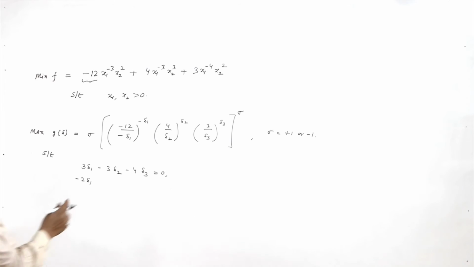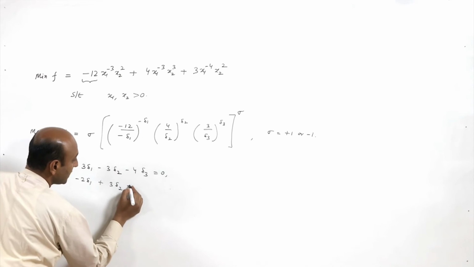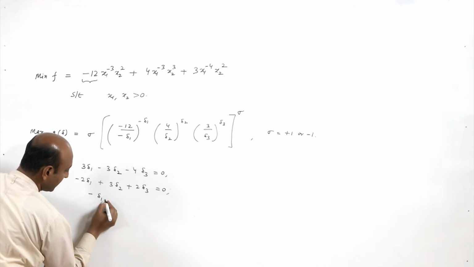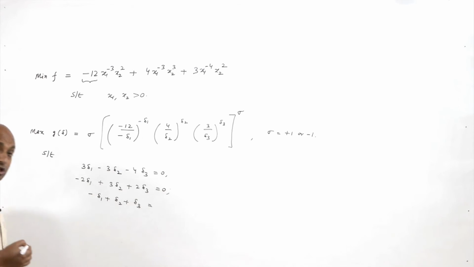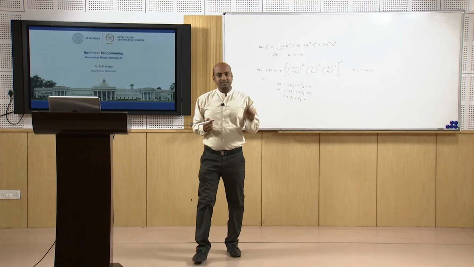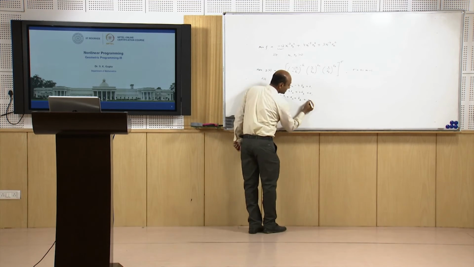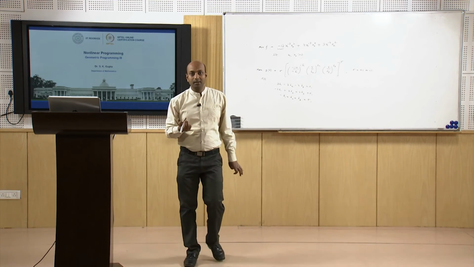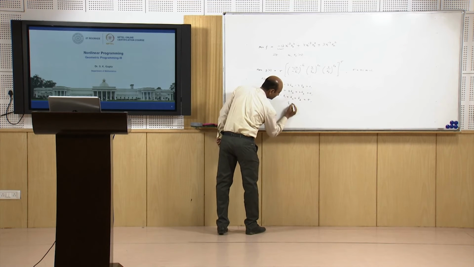Okay. And for this term we are having minus 3 delta 2 plus 2 delta 3 equal to 0, and of course minus delta 1 plus delta 2 plus delta 3 equals sigma, because instead of delta 1 we are having minus delta 1. Okay. Now, this sigma may be plus 1 or minus 1. Okay. And all delta i's are strictly greater than 0.